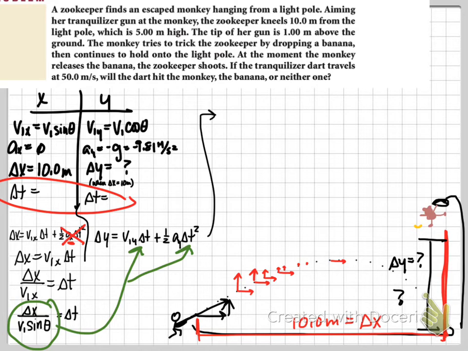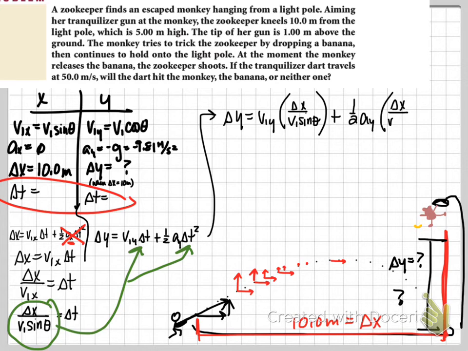And we end up with an expression that's already rearranged for delta y, which is pretty handy. So delta y equals Viy times delta x over Vi sine theta plus 1/2 a sub y times delta x over Vi sine theta quantity squared.